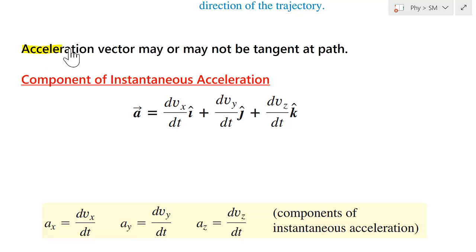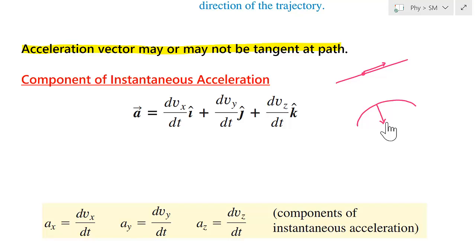So acceleration vector may or may not be tangent to the path. So it can be tangent. For example, in case of a straight line motion, we can say the acceleration vector is tangent to the path. But when you have a curve, in that case acceleration vector is not tangent to the path. It's in contrast to the velocity.